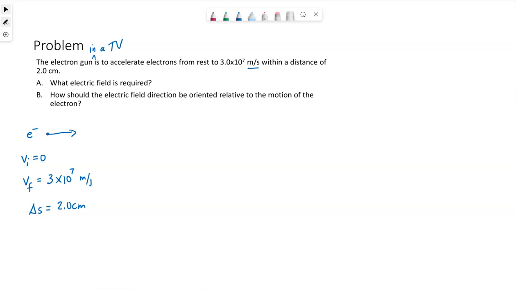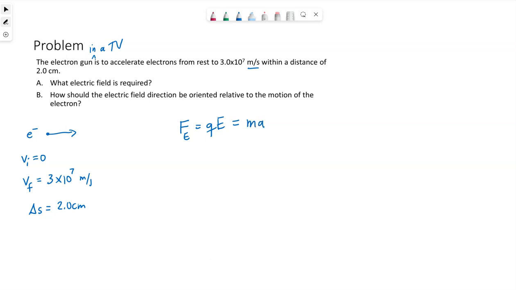So we want to find the electric field required, and we'll have to assume just this average electric field because we need to assume a constant acceleration in order to relate our velocities and positions together. Okay, so I know there's an electric force on these electrons because they are moving in an electric field, and we're trying to find that electric field.